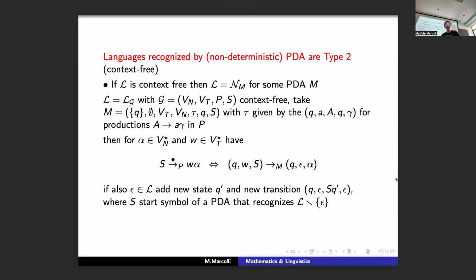So now this part of the Chomsky hierarchy theorem is that the languages that are context-free are exactly the ones that are recognized by these push-down stack automata. So you want to say that, okay, if you start with a context-free grammar, then you can construct a push-down stack automaton that will recognize that language.